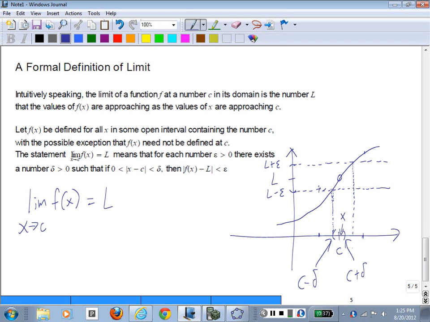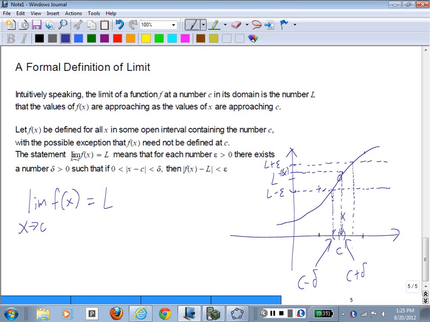So whenever the absolute value of x minus c is less than delta, then the absolute value of f of x minus L, well, where's f of x going to be? F of x, in this case, is right there, and right there. So that's f of x. So if we take the absolute value of f of x minus L, that's going to be less than epsilon.